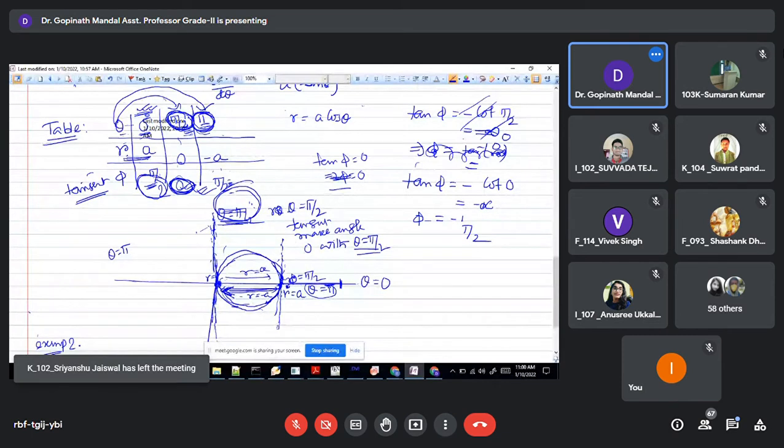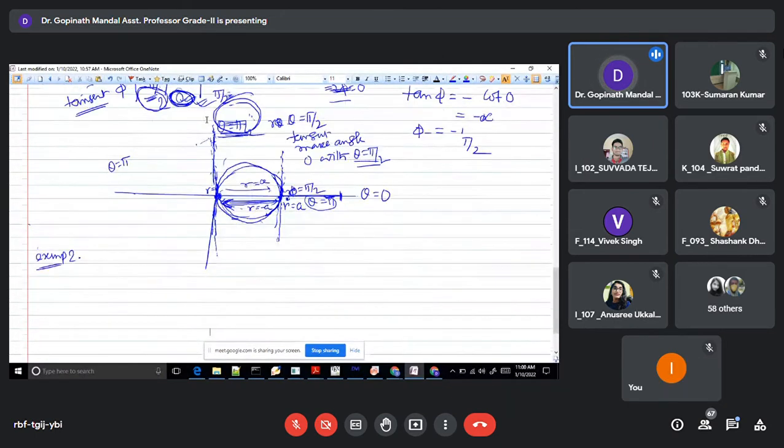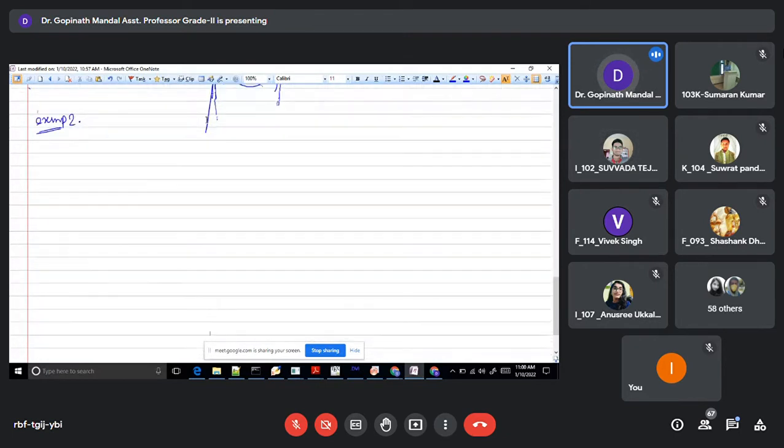That means in all the cases, the respective line will be theta equal to 0 in the first case, then theta equal to pi by 2, then in the third case with respect to theta equal to pi, in polar curve. What is pole, sir?